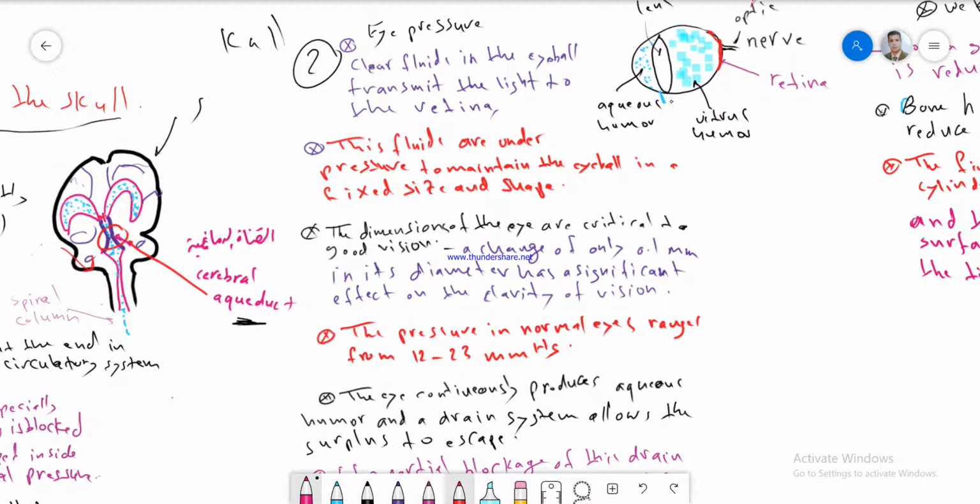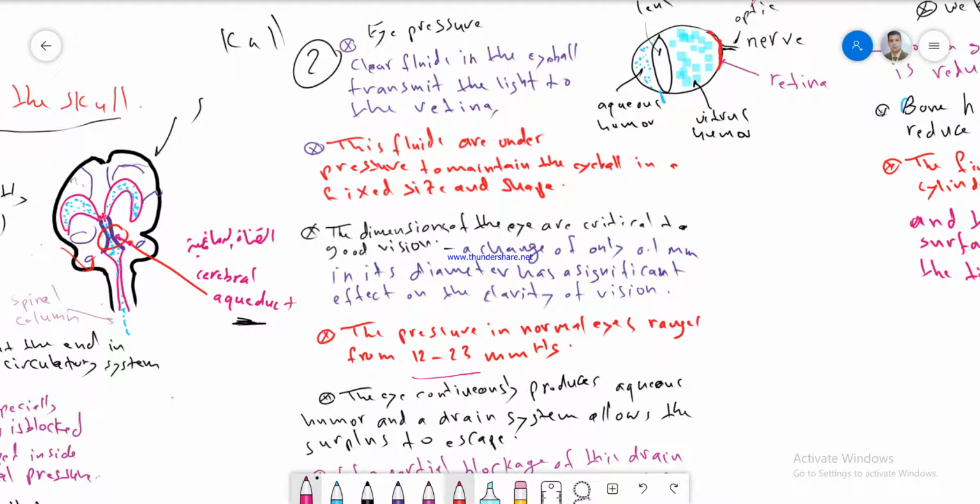A 0.1 millimeter change in the dimension of the eye causes a significant effect on the clarity of vision. The pressure inside the eye ranges from 12 to 23 millimeters of mercury.